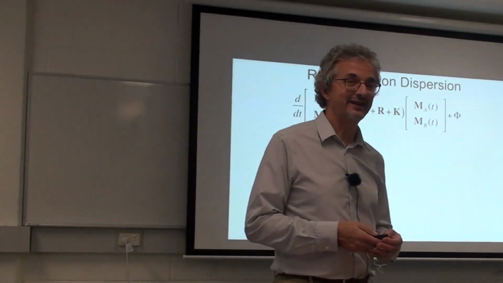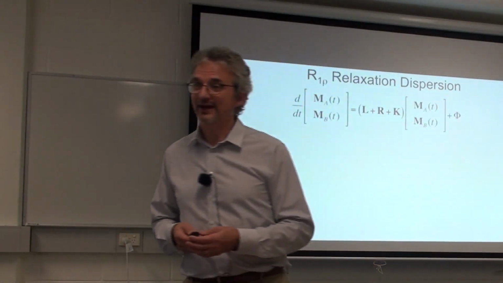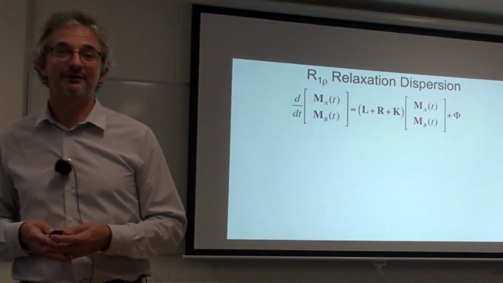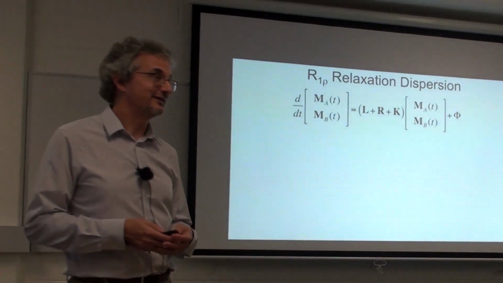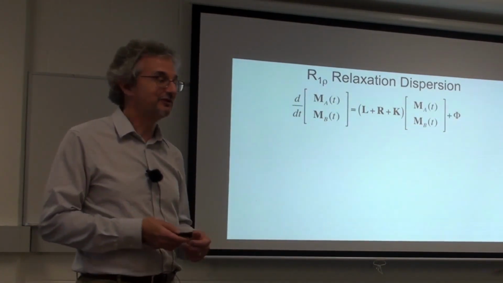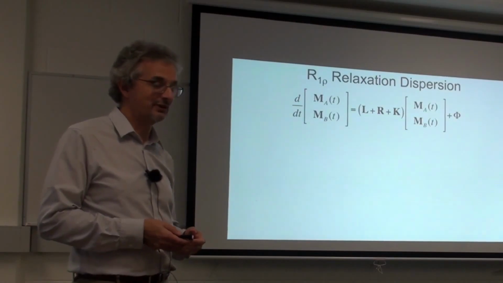If we have three states, then we'll have a 9 by 9 matrix to deal with. So the major problem in analysis of the R1 rho experiment is simply the fact that the matrices become large very quickly.